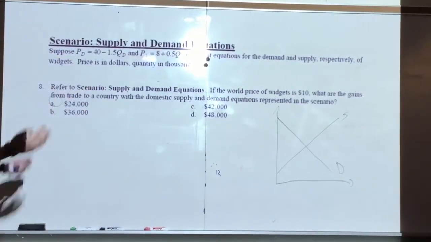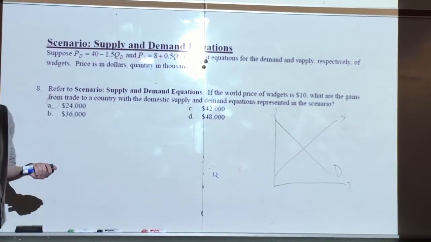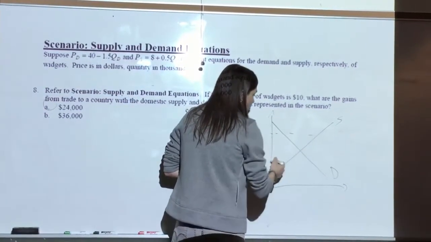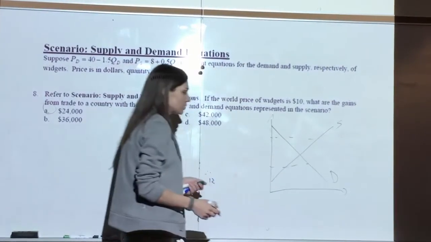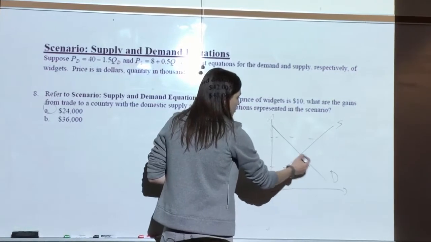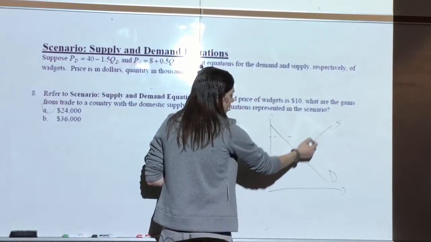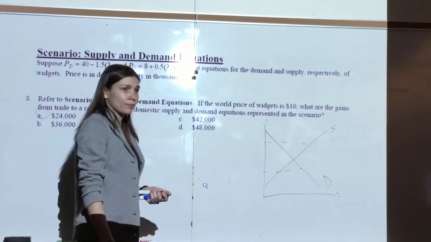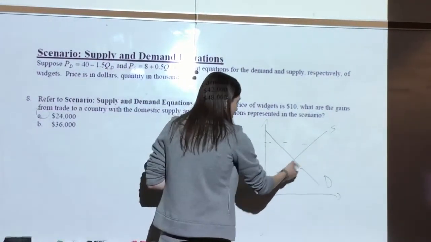So this would be basically the difference in total surplus with and without trade. Whether it's above or below doesn't really matter; the formula stays the same. The gains from trade, in the case of imports, would be the area of that triangle, and in the case of exports, the area of that triangle.